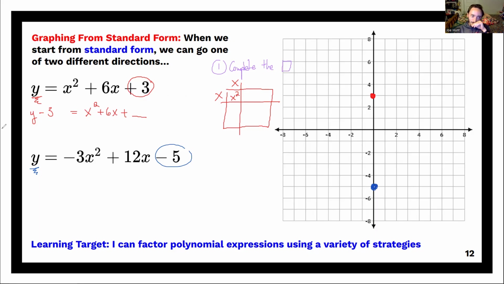But now I've got to take my 6x and split that up evenly to fit inside these rectangular regions. If I've got 6x's to divide up evenly into those two spaces, I'm going to need 3 of them in each of those little slots. So I'll write on the outside dimension plus 3 and plus 3.